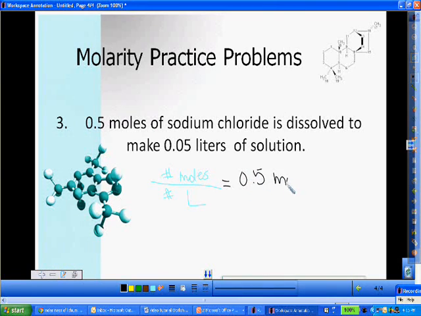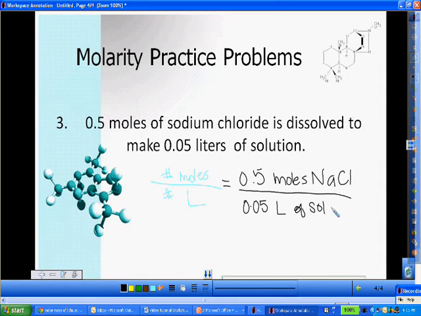So we have 0.5 moles of sodium chloride, and we will divide that by 0.05 liters of our solution. Plug these numbers into your calculator, and you should get 10.